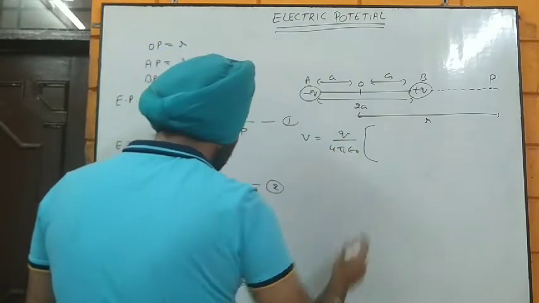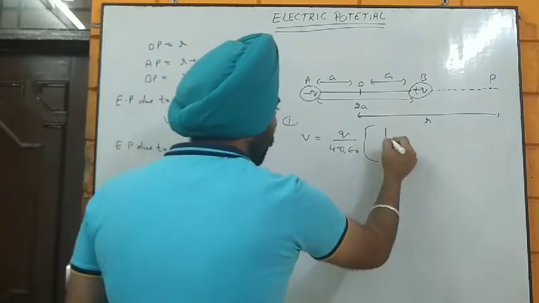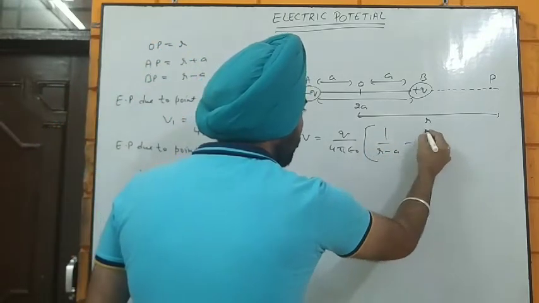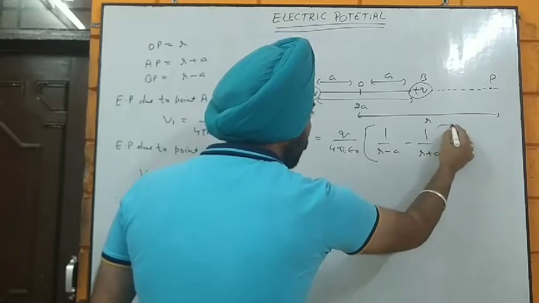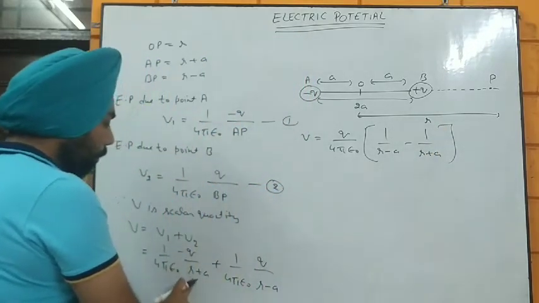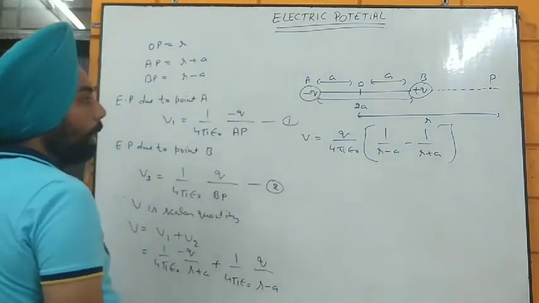Now what's in the bracket: 1 upon R minus A, minus 1 upon R plus A.